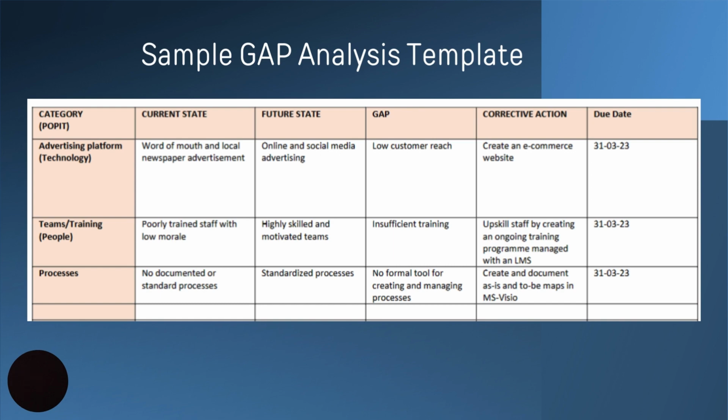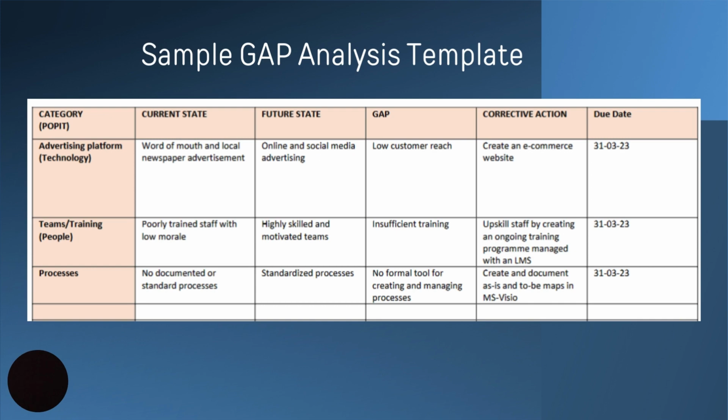Same approach follows with the processes. What is the current state of the processes? They've got no documented or standard process. And what is their future state? They want standard processes. So what is the gap? There is no formal tool currently present for creating and managing processes. And what will be your corrective action?